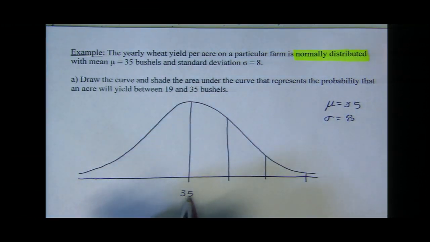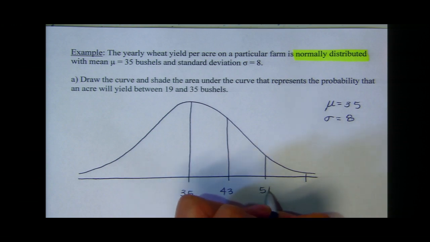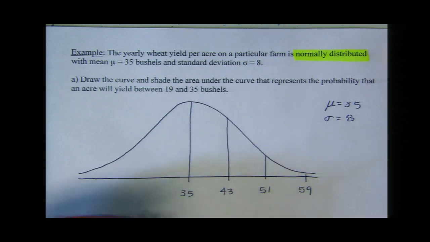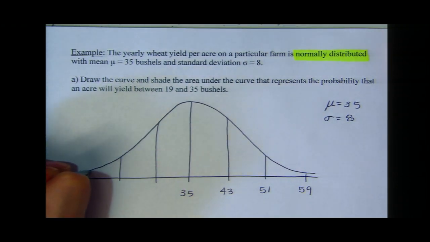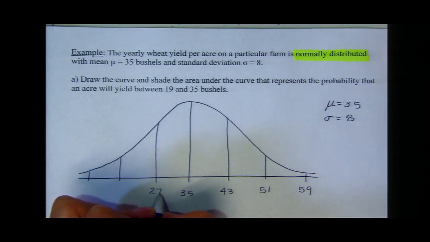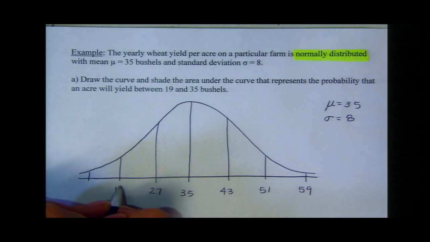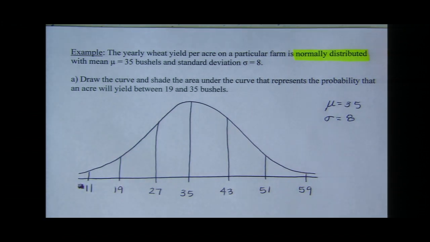So 35 plus 8, 43, plus 8, 51, plus 8, 59. And as we go to the left, we will subtract 8. So 35 minus 8, 27, minus 8, 19, minus 8, that should be 11. Disregard that little dot right there. So there's the curve.